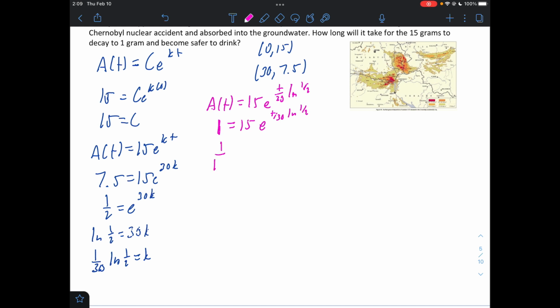So that'd be 1/15 equals e to, I'm going to rewrite this as ln 1/2 to the t over 30. So the e to the ln will cancel each other out. We're left with 1/15 equals 1/2 to the t over 30.